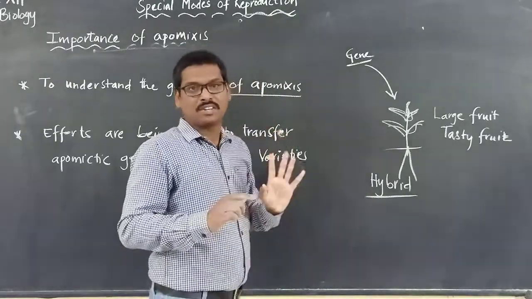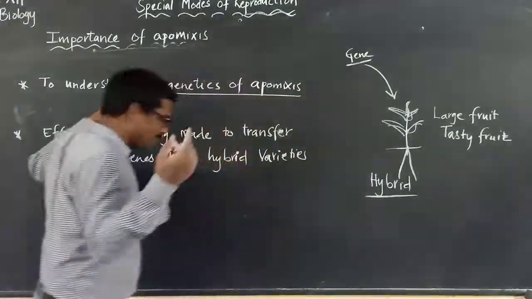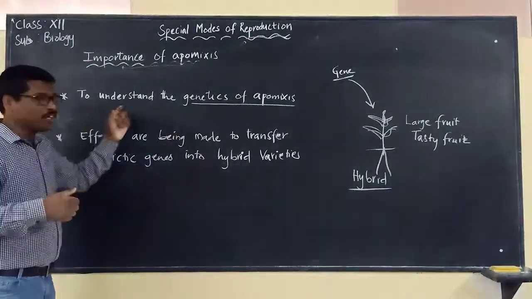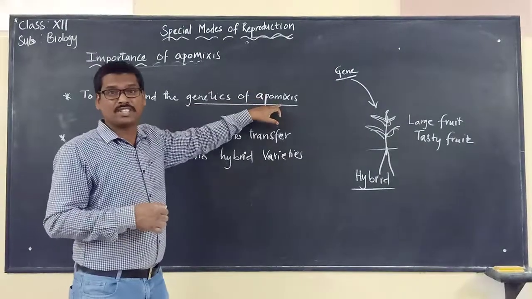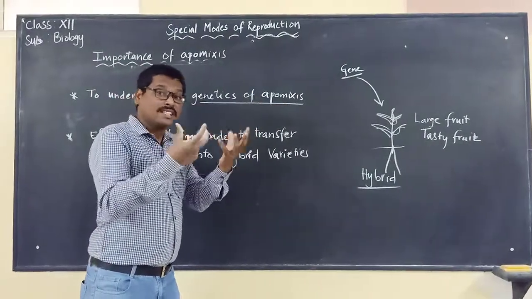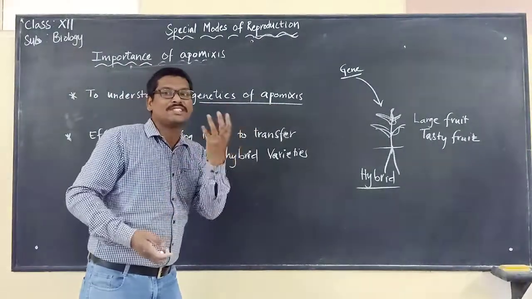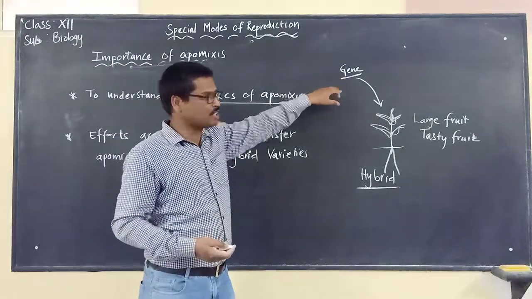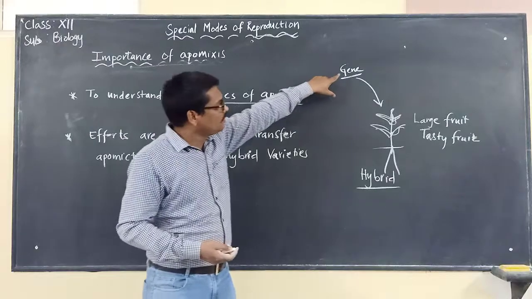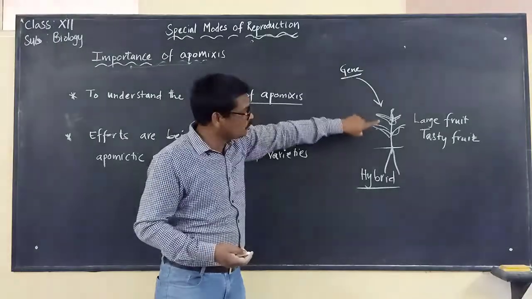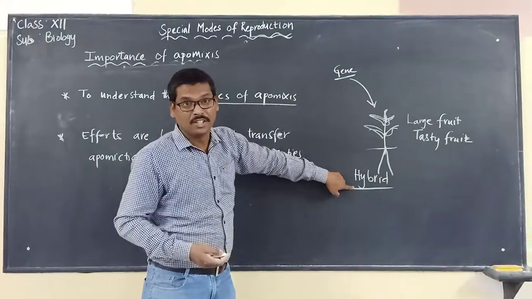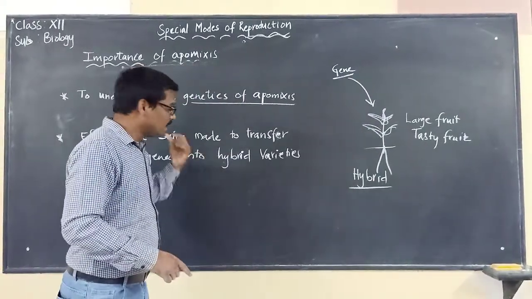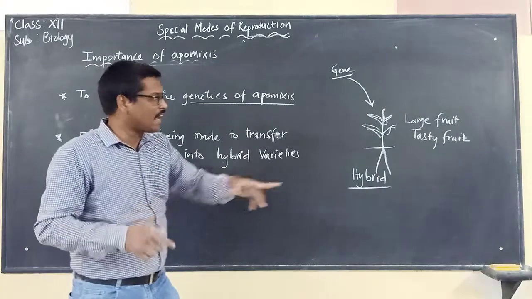So in many laboratories in different parts of the world, they are trying to understand the genetics of apomixis, how some plants are able to produce seeds without fertilization. Once they identify the gene responsible, they want to introduce it into the hybrid variety, so that it will produce seeds with the same characteristics.